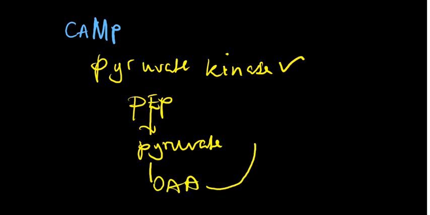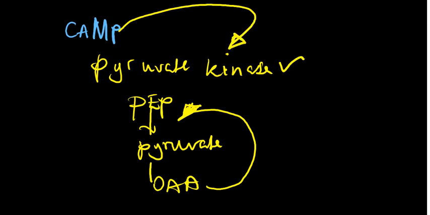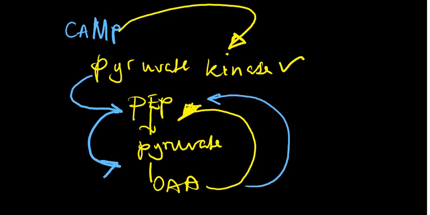Immediately oxaloacetate is converted to phosphoenolpyruvate. What cAMP does is that it inactivates this enzyme pyruvate kinase, because pyruvate kinase loves to convert phosphoenolpyruvate to pyruvate. So when oxaloacetate is converted to PEP, this cAMP goes to act on the enzyme that's able to convert the PEP back to pyruvate, so that gluconeogenesis can continue and not be disturbed by glycolysis.